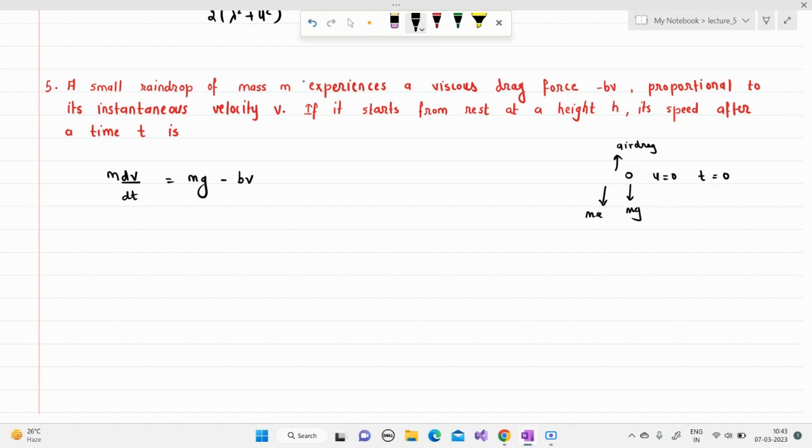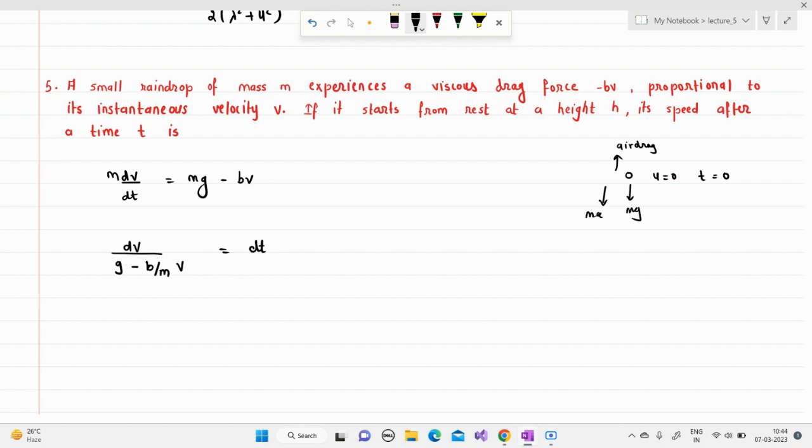Okay, so again here we can divide by mass and separate the variables, then we'll get dv upon g minus b by m into v is equal to dt.